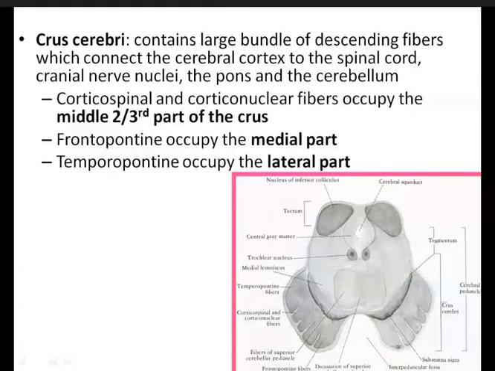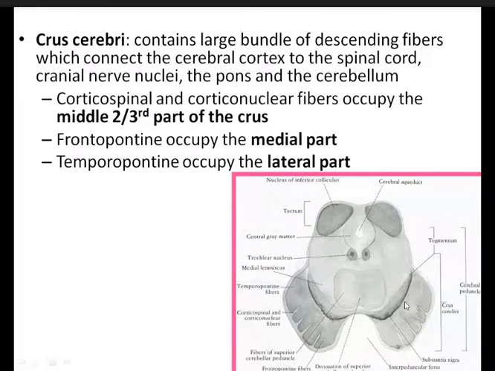The crus cerebri contains large bundles of descending fibers which connect the cerebral cortex to the spinal cord, cranial nerve nuclei, the pons and the cerebellum. Corticospinal and corticonuclear fibers occupy the middle 2/3 of the crus. So the middle 2/3 means like this.